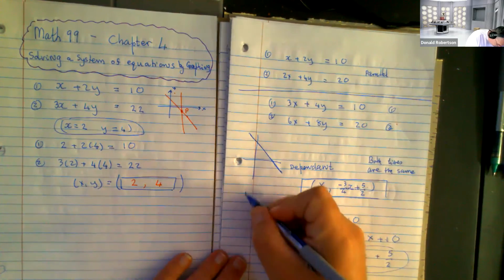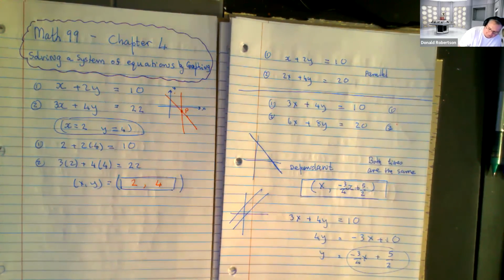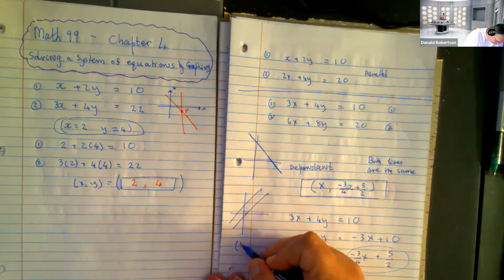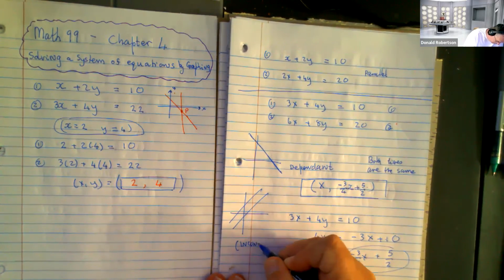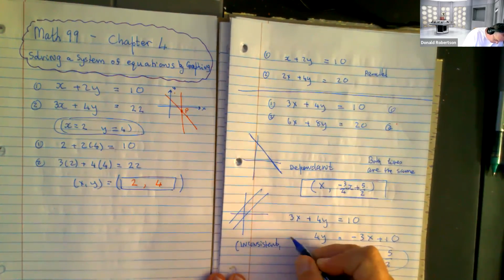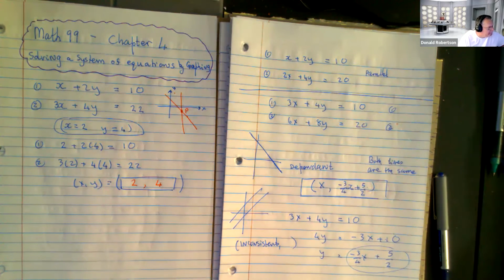Now, if you get a question where both lines are parallel, you're just going to say inconsistent. And I'm assuming you only need to put it in one of the two spots and it will be happy.